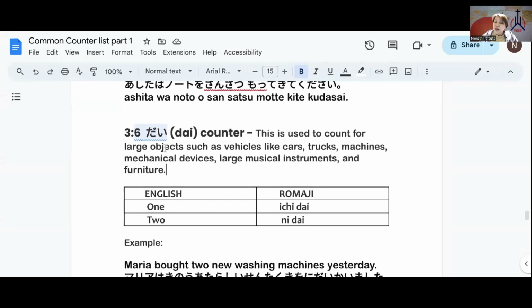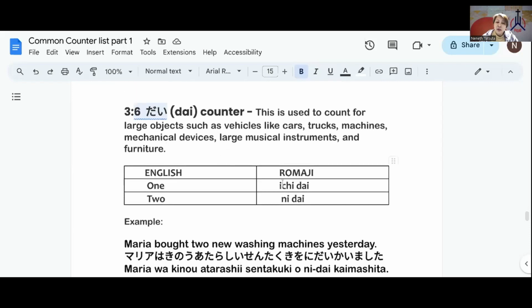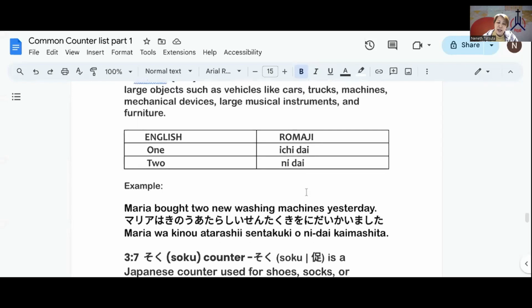Kuruma, or the car, is dai. Trucks are dai. Piano is also dai. For musical instruments, it should be big. Ichidai, nidai, sandai. There's no exception here. Just add dai.